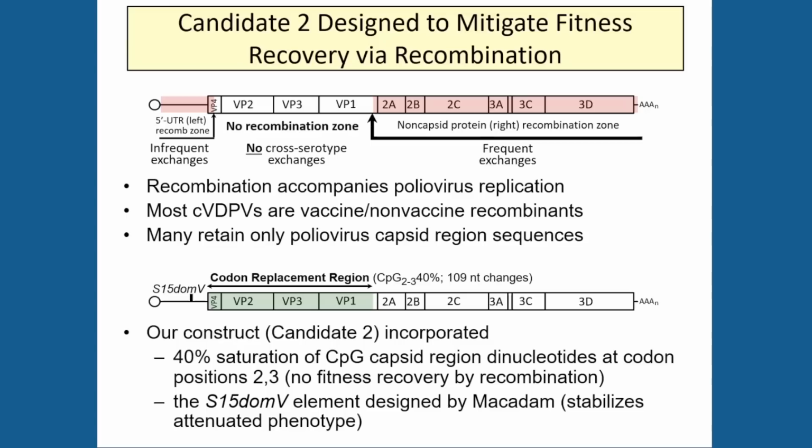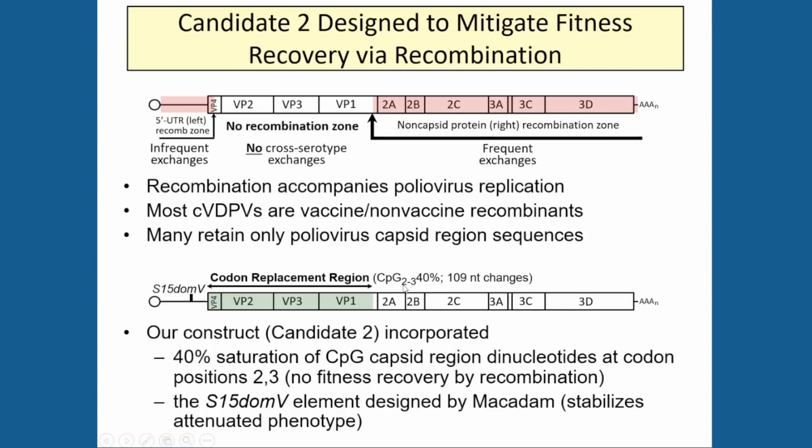So our thought was, what if we replace the capsid region sequences with the deoptimized codons, or in this case, desuppressed CpG. So what we did is add 109 additional nucleotide changes.